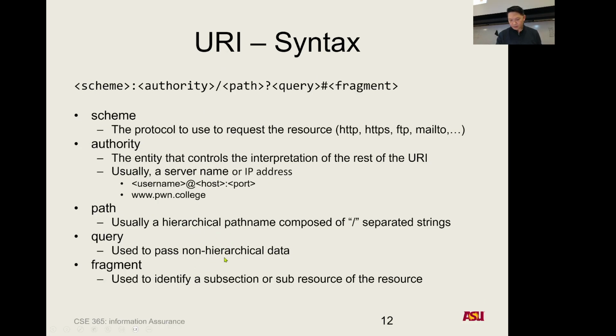And the query is used to pass some non-hierarchical data. That means some specific data, sometimes like a number of data or the number of sessions. I will show that in the example, and the fragment.